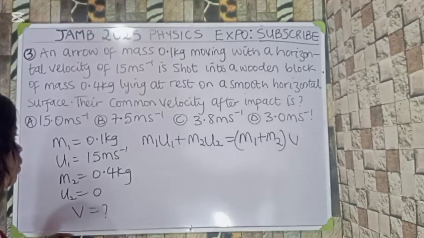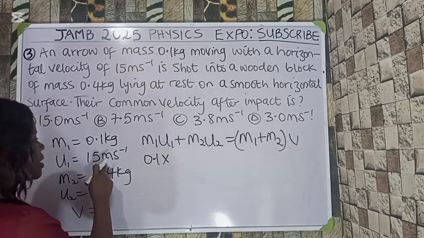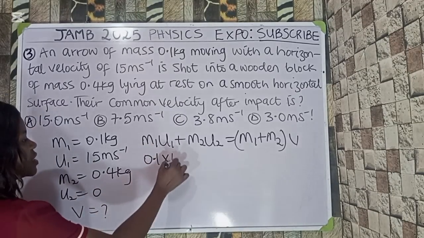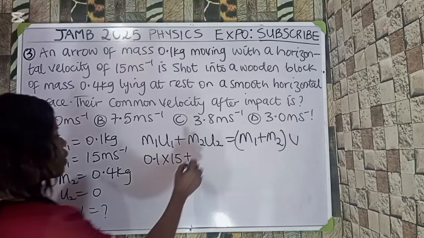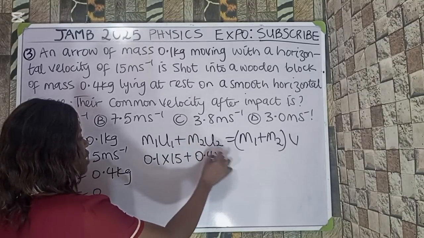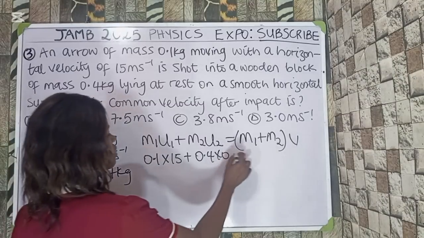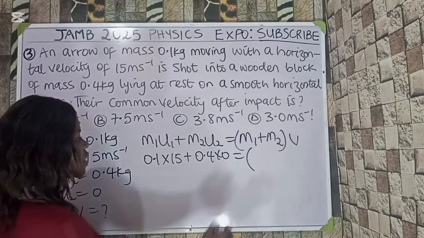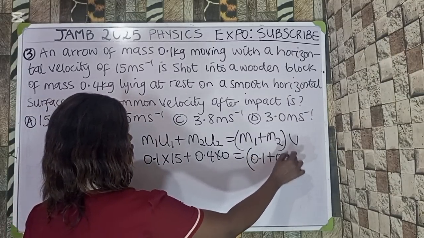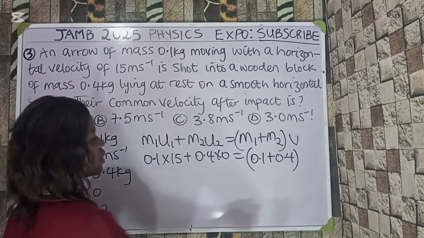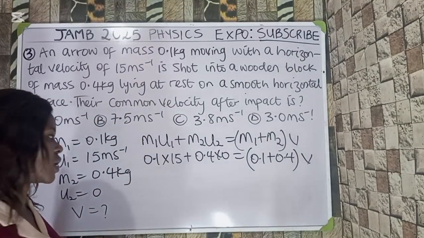My m1 is 0.1 multiplied by my u1, which is 15, plus my m2, 0.4, times my u2, which is 0. Is that clear? This is equal to (0.1 plus 0.4) times V. This V is the common velocity that I'm actually looking for.